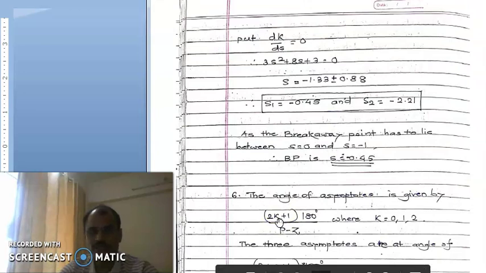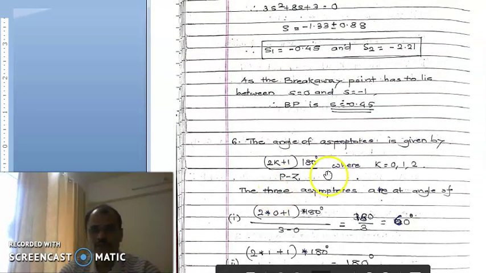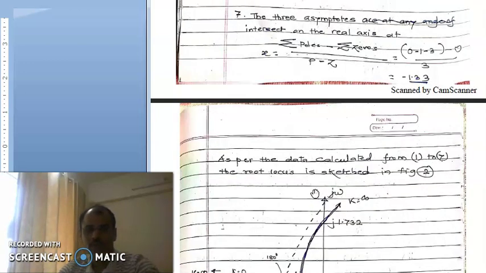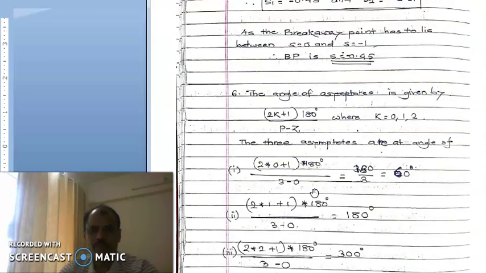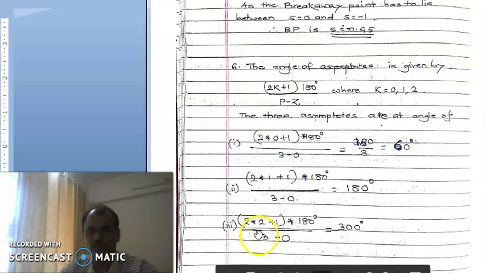Step number 6, the angle of asymptotes are given by this, and k varies up to p minus z minus 1. So we have 3 poles, therefore 3 options for k: 0, 1, 2. Respective angles are computed by substituting k equal to 0, 1, and 2.